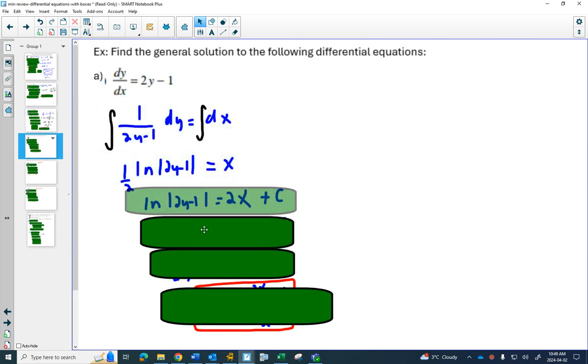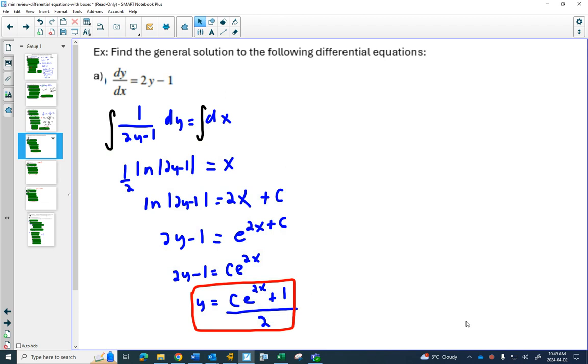This next one, if you did your work and are checking, again, having the C out in front makes your life easier.